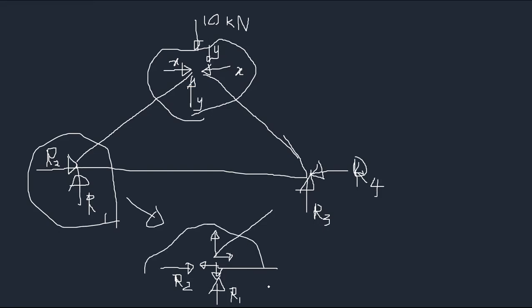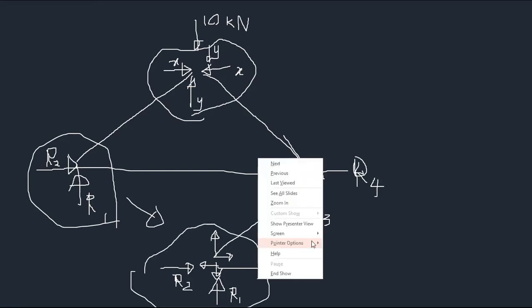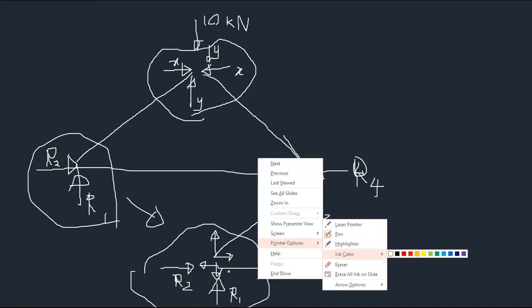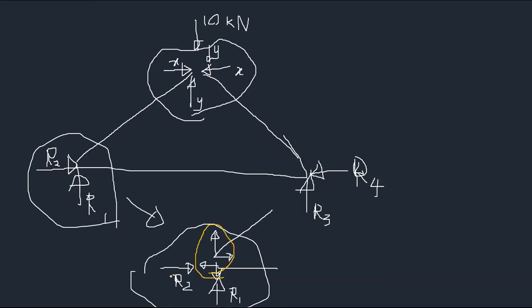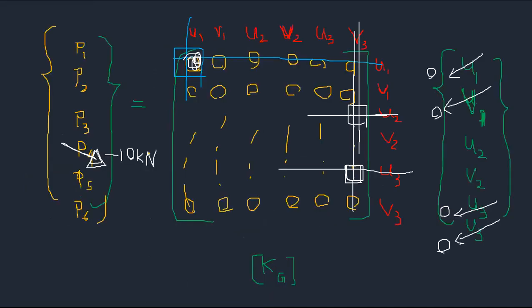So once you consider this joint, these four forces will be cancelled. Whatever remains is R1 and R2 in X and Y direction, right? So this will finally be R1, this will be R2, this is R3 and R4.